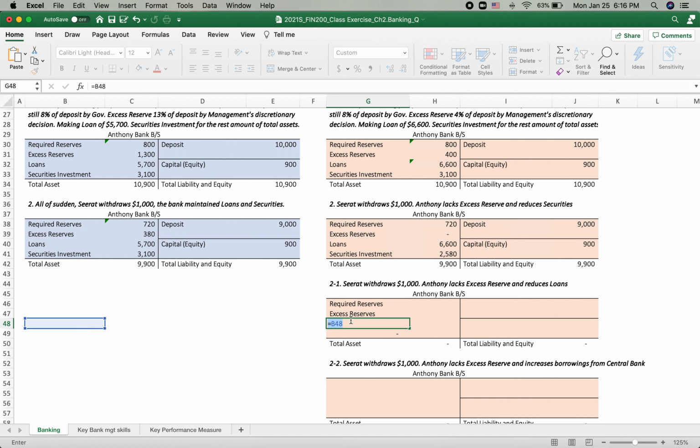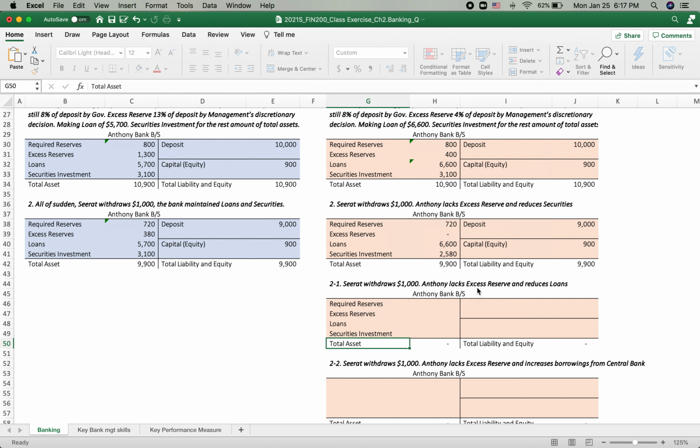Then the same loans and the securities and investment. I'm sorry, it is lagging sometimes.